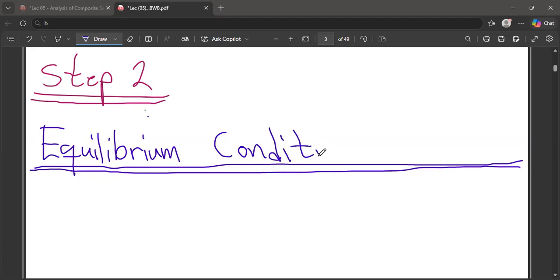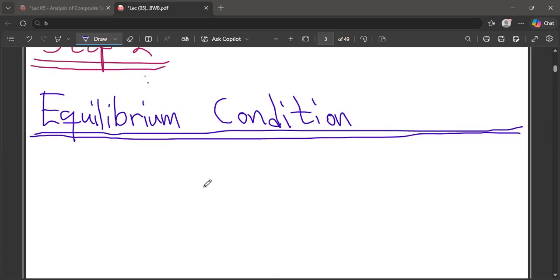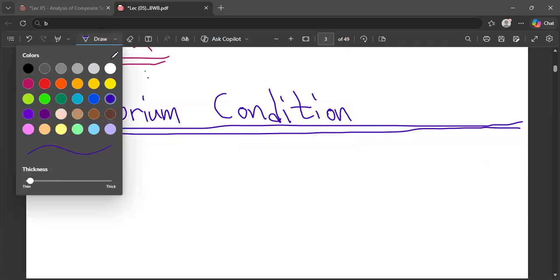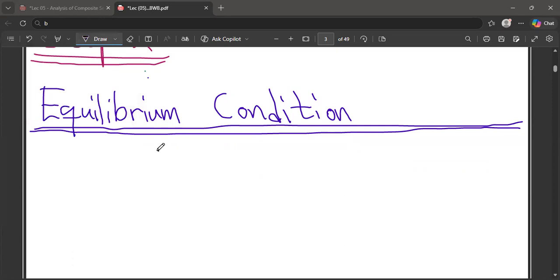So the equilibrium condition is that the load in material 1 plus the load in material 2 should be equal to the total load in tension.